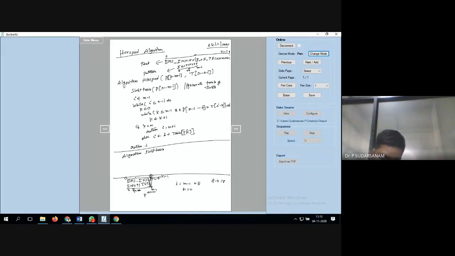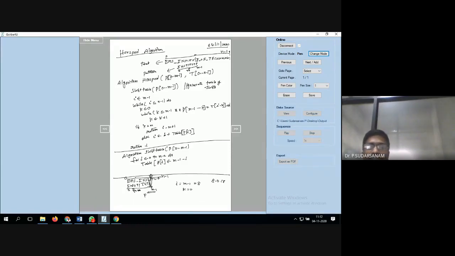Shift table. You have passed the parameter P of 0 to m minus 1. To write this table: for j equal to 0 to m minus 2, do table of P of j, that location, is equal to the total length, m minus 1 minus j.